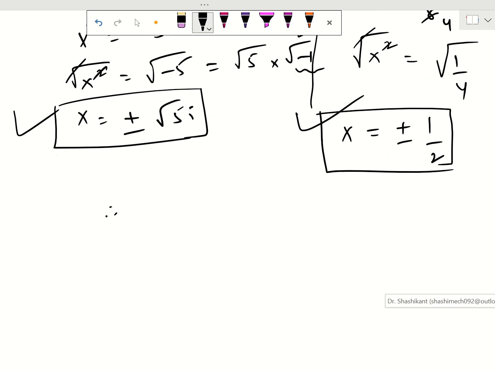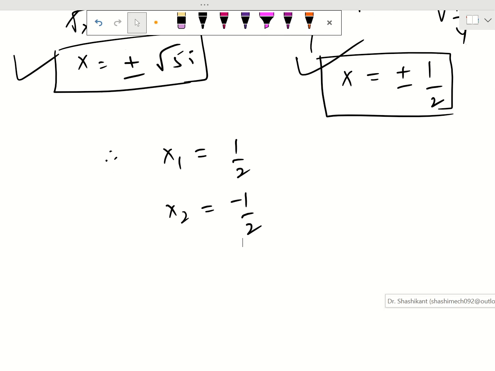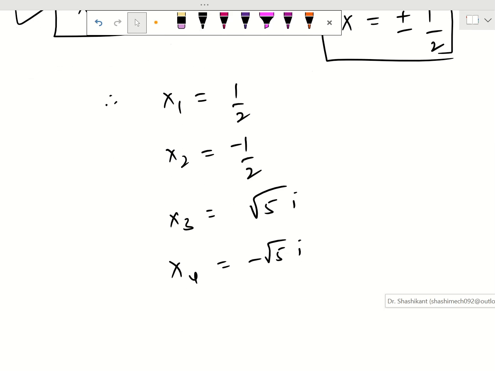Therefore we can write x1 = 1/2, x2 = −1/2, x3 = √5 i, and x4 = −√5 i. These are the possible answers for the x values. In total, we have 4 values for this question.